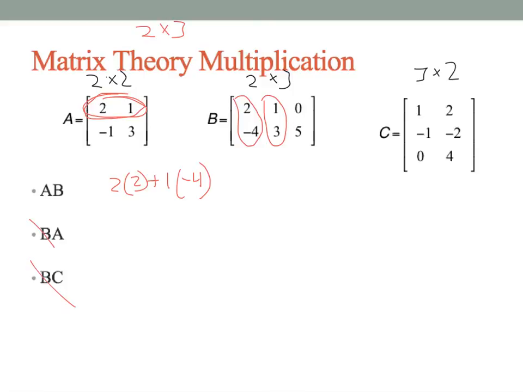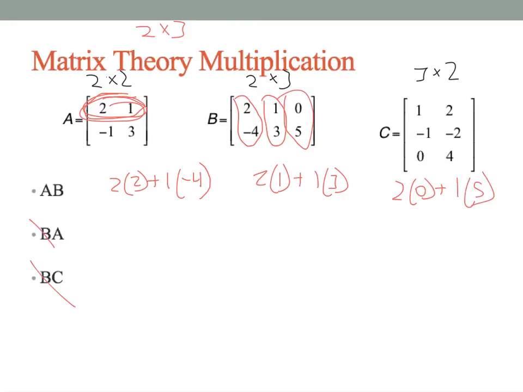So we can do 2 and 1 and 1 and 3 now. So 2 times 1 plus 1 times 3. And then the last one, 2 and 1 and 0 and 5. So 2 times 0 plus 1 times 5.